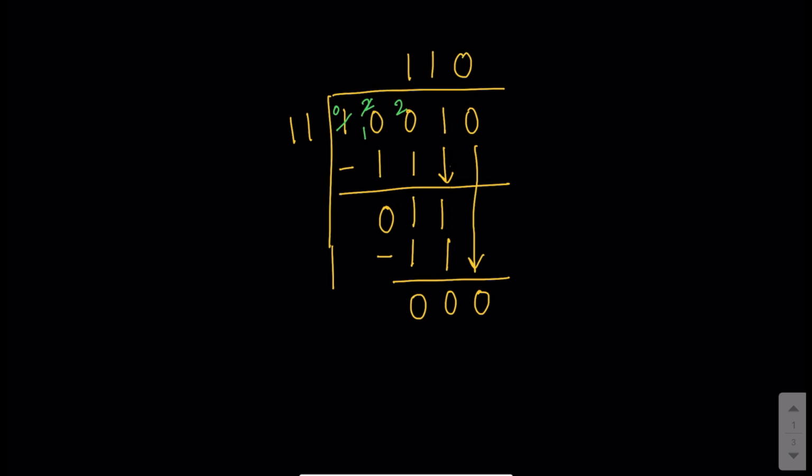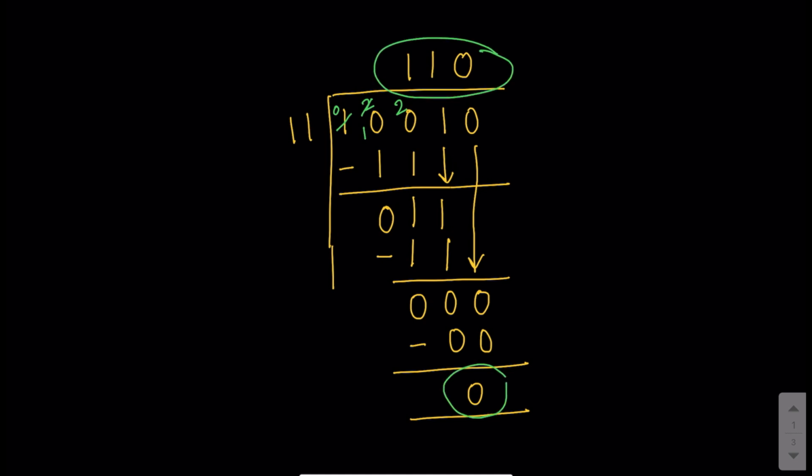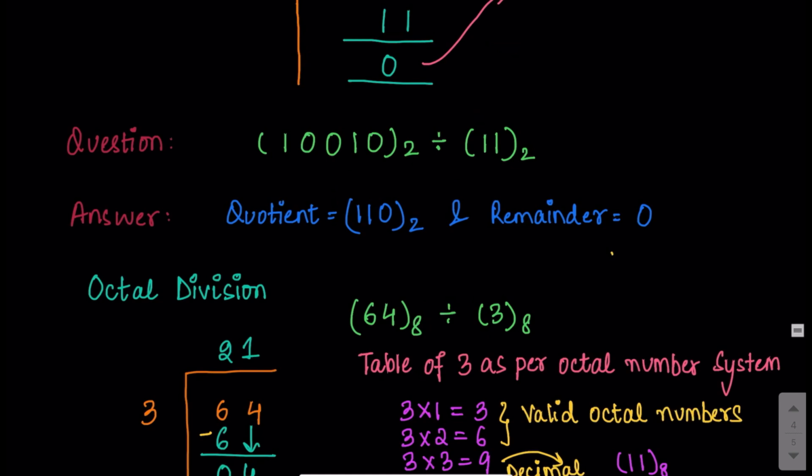I need to multiply it with 0 in order to get all zeros, and finally the remainder is also 0. So your answer is the quotient is equal to 110 and the remainder is 0.